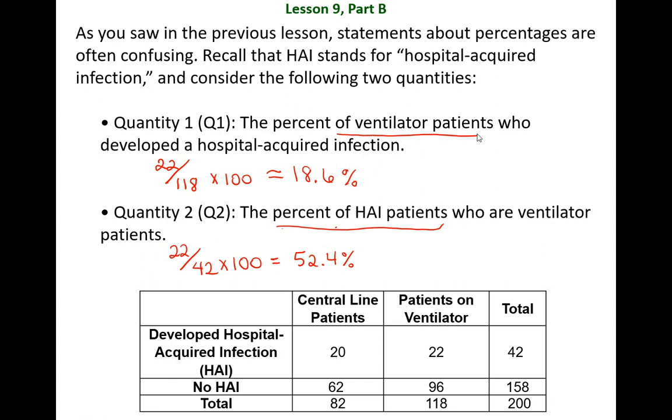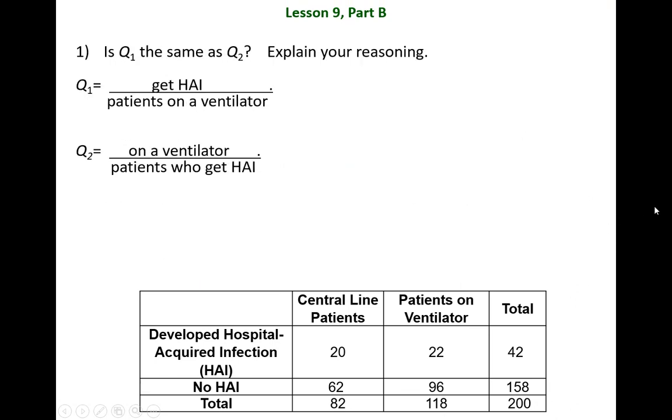If we look at all infections, which is 42, 22 of those were ventilator patients. So we have to pay attention to what our base is. Percent of ventilator patients here, percent of hospital-acquired infections here. In both cases, the comparison value was the same, the 22, but the base was different.